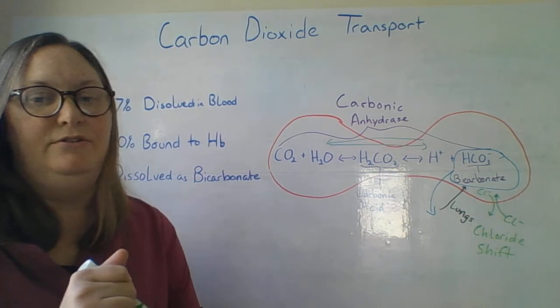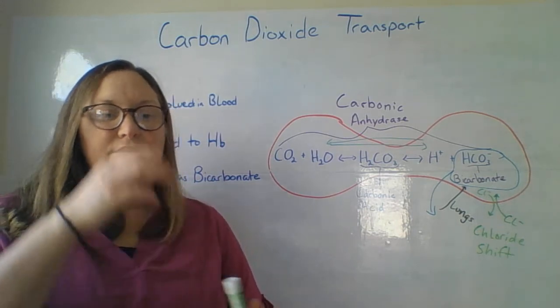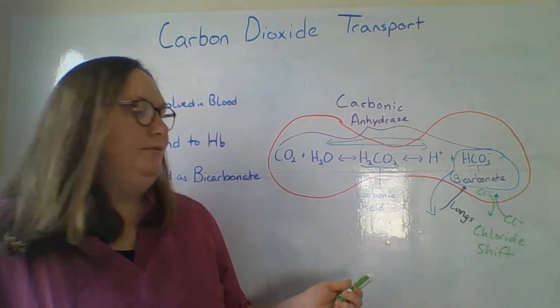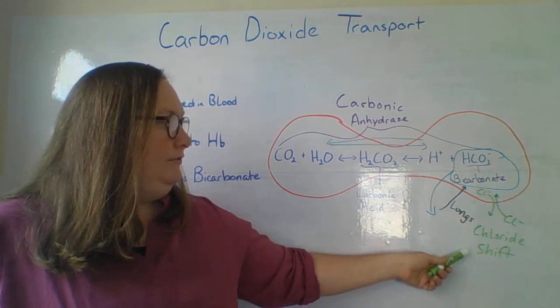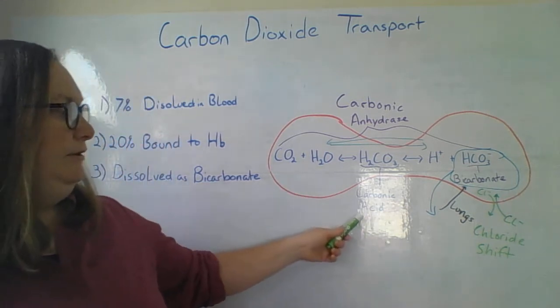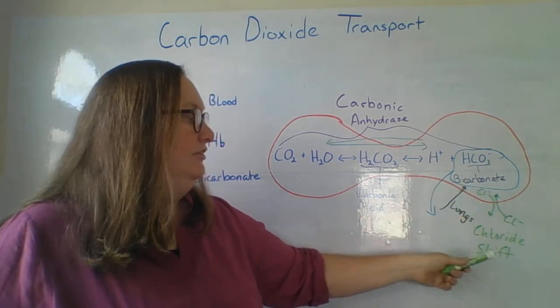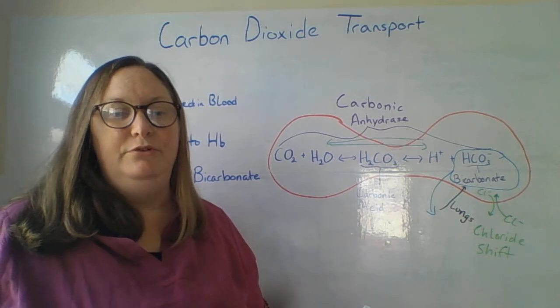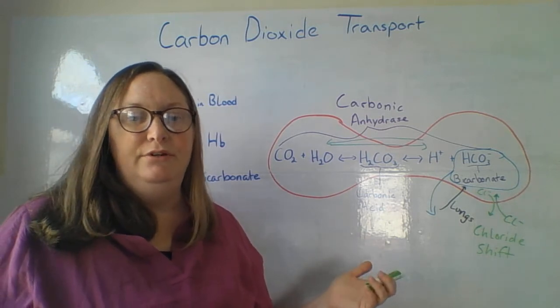The chloride shift. And you're definitely going to see that on an exam. At least on a multiple choice question. So, carbonic acid, bicarbonate, chloride shift, carbonic anhydrase, all terms you would want to use if you were writing an essay on this.